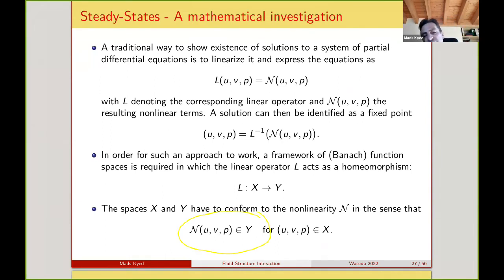So if we can establish a homeomorphism property in general L^p Sobolev spaces, then we have the freedom to look for a parameter p, or exponent p, such that the nonlinear operator conforms to the setting.